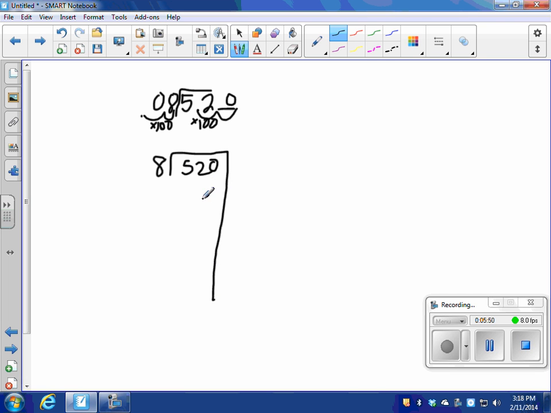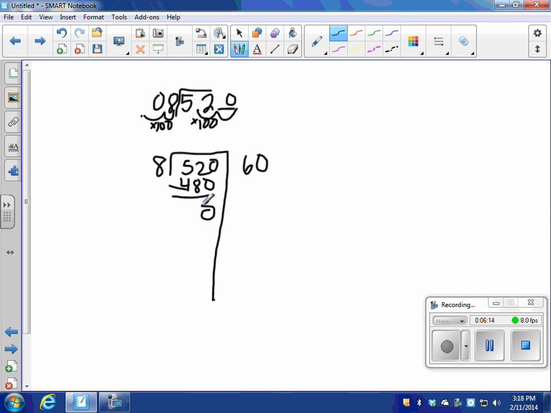Now I'm going to take 520 divided by 8. So I'm going to start with just 52. And how many times would 8 go into 52? Well, I know that 6 times 8 gives me 48. So that means that 60 times 8 would give me 480.